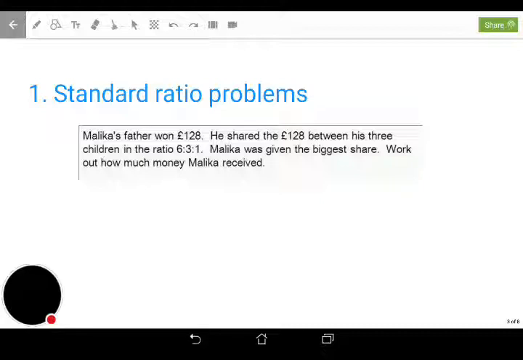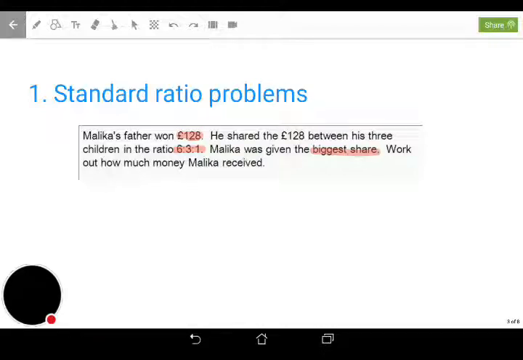So this one here: Malika's father has won £128. That's an important part of the question. He shared the 128 between 3 children in the ratio 6 to 3 to 1, and Malika was given the biggest share. Work out how much money Malika received.